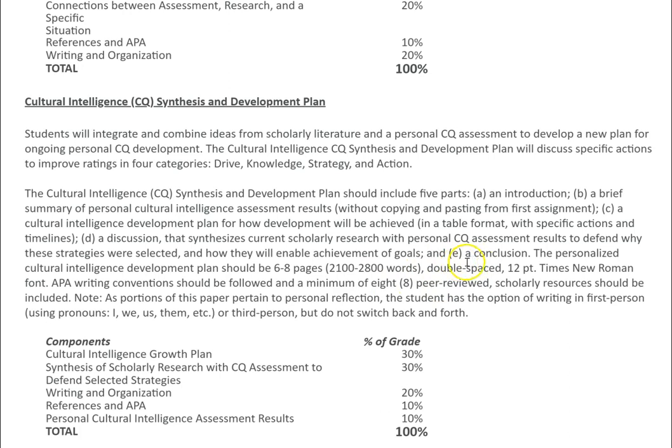So then finally, conclusion. Conclusion, it's so amazing, I see so many papers that have conclusion as a level 2 heading. Conclusion is a major section, and the conclusion should summarize key ideas that were expounded upon in your paper.